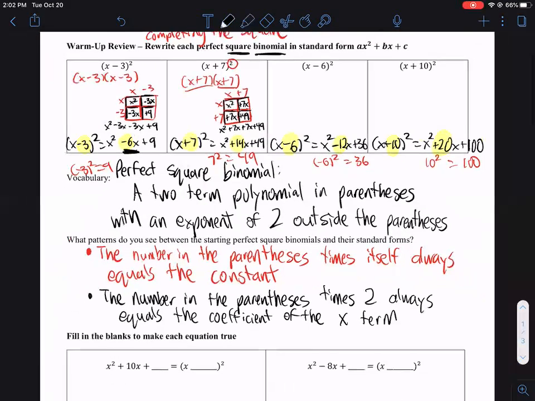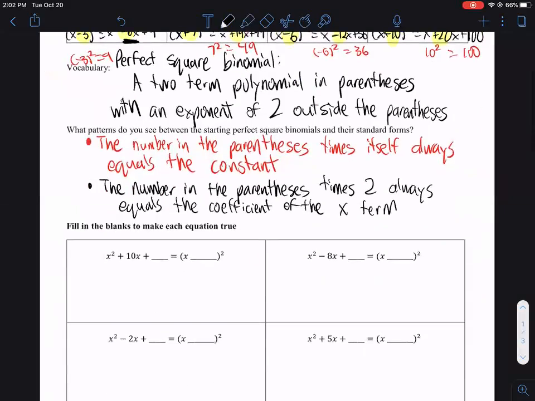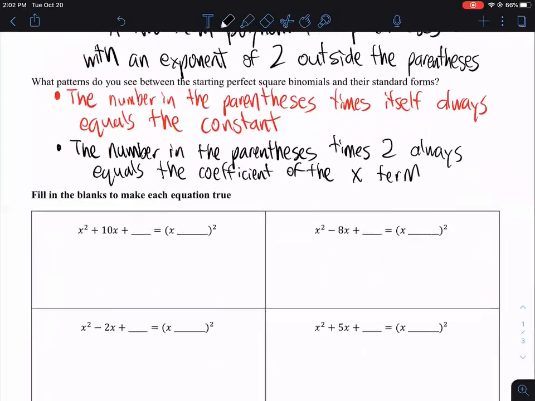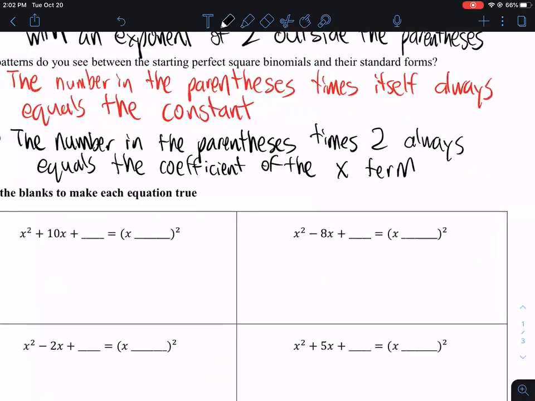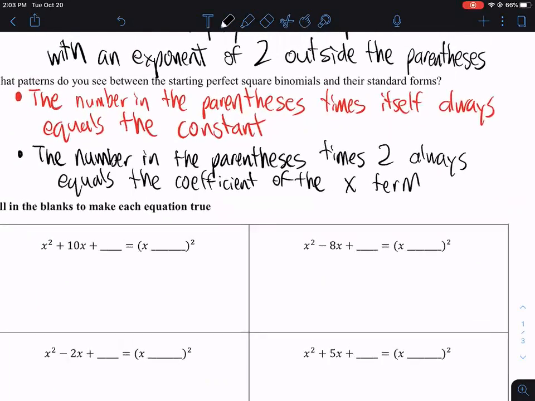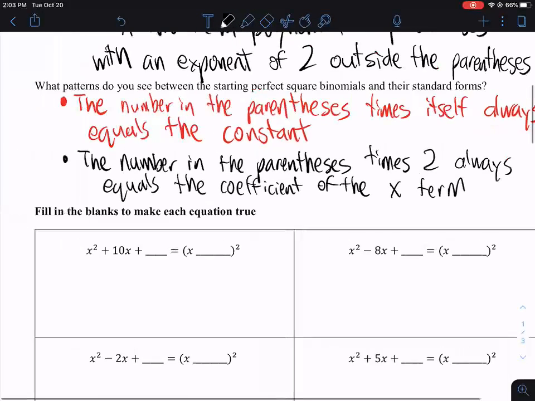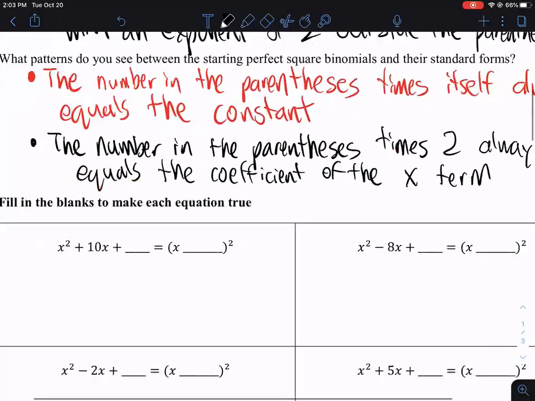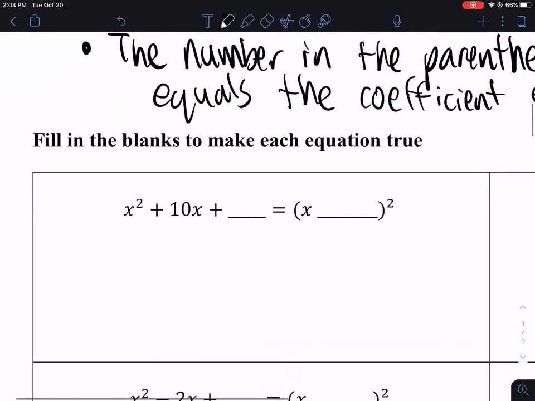Okay, so the two patterns that I wrote down here are the ones that will help us with this next section. Well, we can actually use the third pattern as well. Looking at this top left problem, we have two different blanks, right? A blank on the left and a blank on the right.